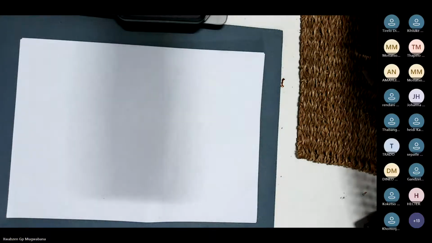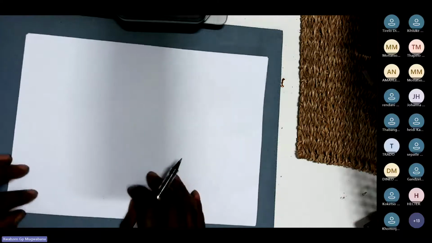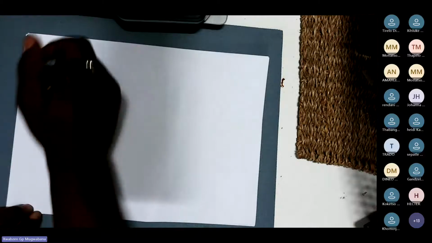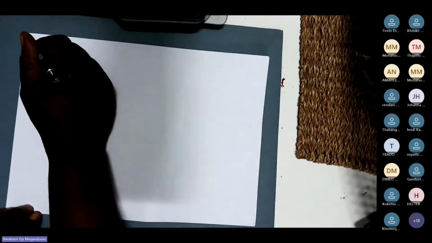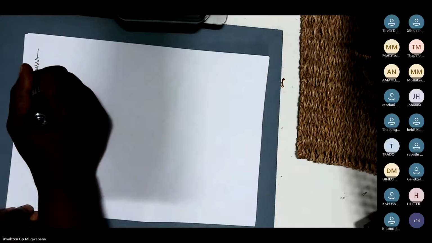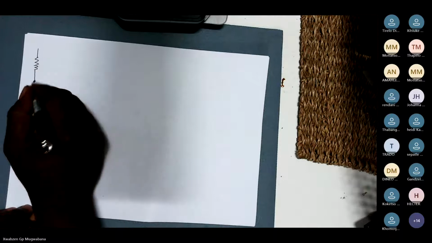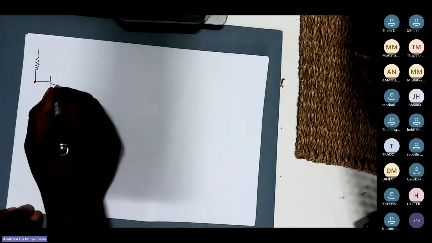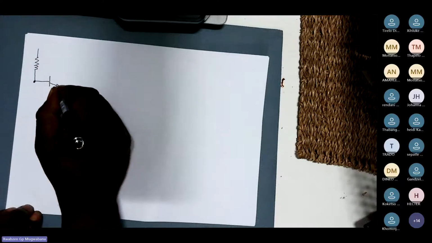If you are given a bias transistor, then on this transistor of mine, I have the following as a circuit.